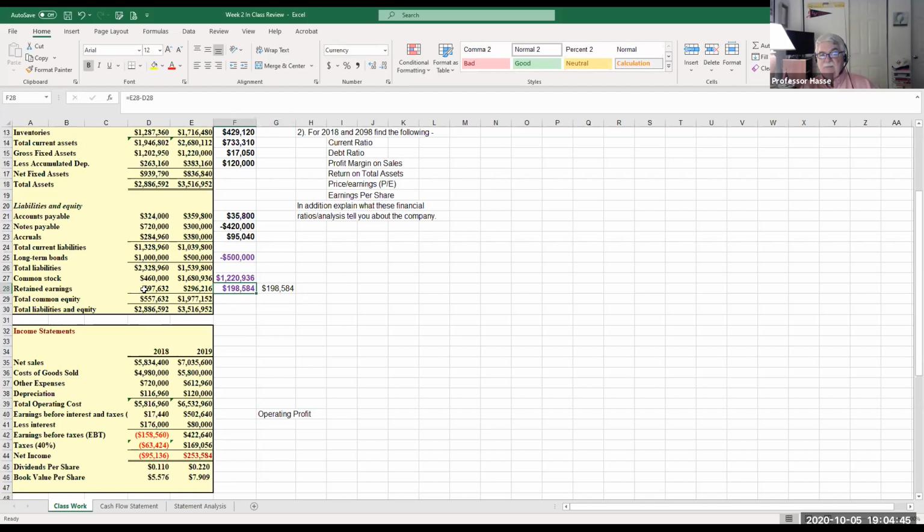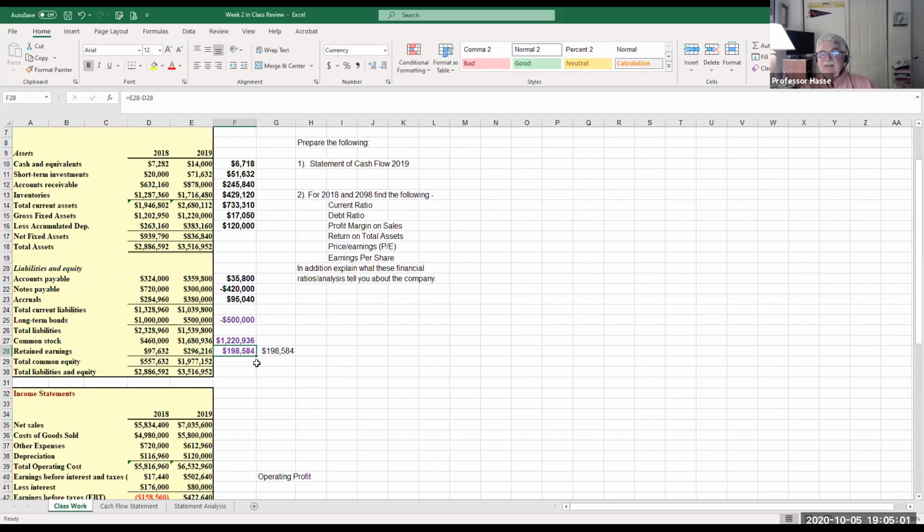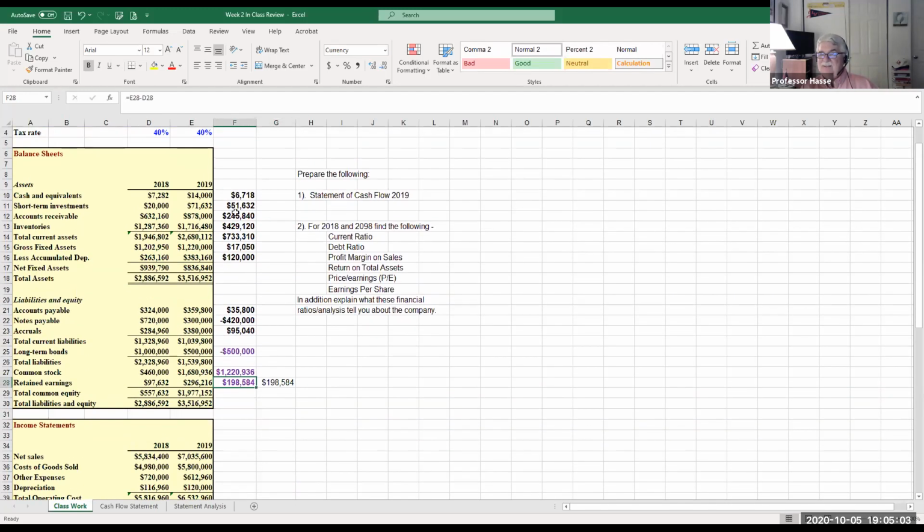Retained earnings went up from 2018 to 2019 by net income less dividends. And now we have accumulated $198,000 of profits for the company. So the balance sheet tells us how we fund these changes in our assets from debt and equity.